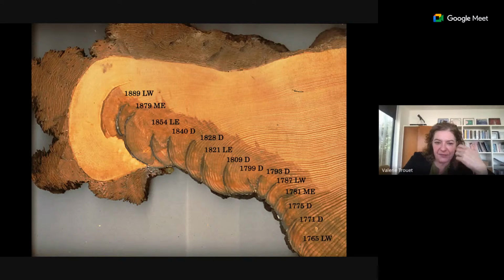Between 1765 and 1889, there was a ground fire that went through this forest, but didn't kill the trees, about every 5 to 10 years, right? 14 fires in 120 years. That's every 5 to 10 years, there's a ground fire that would come through this forest and that would clean out the underbrush and would clean out the grasses.